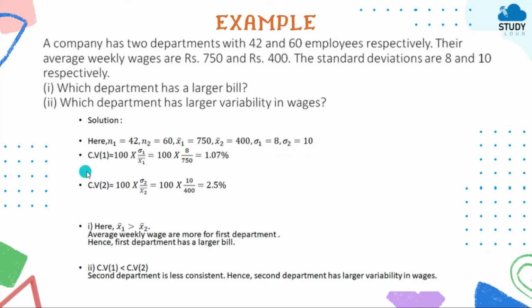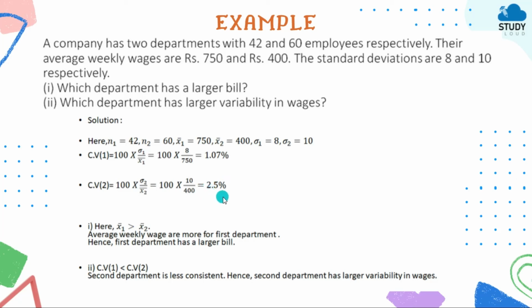So first we have to find the coefficient of variation for the first group. So it is 100 into sigma 1 upon x bar 1, which is equal to 100 into 8 upon 750. So it will give you 1.07 percent. In the same way we have to solve for the coefficient of variation for the second part. 100 into sigma 2 upon x bar 2 is equal to 100 multiplied by 10 upon 400, which will give you 2.5%. So if you see here, the second data has more variability.